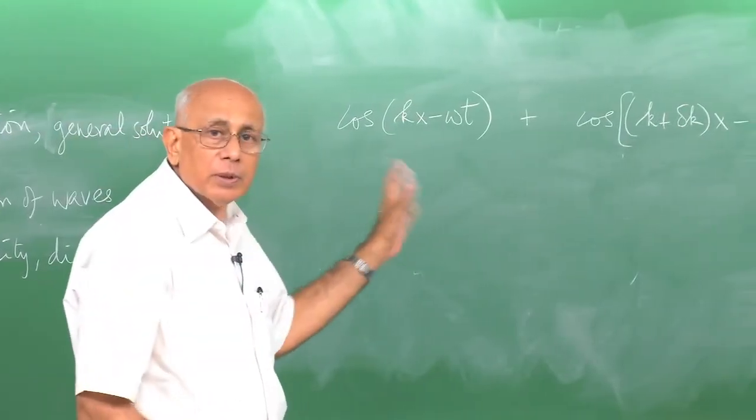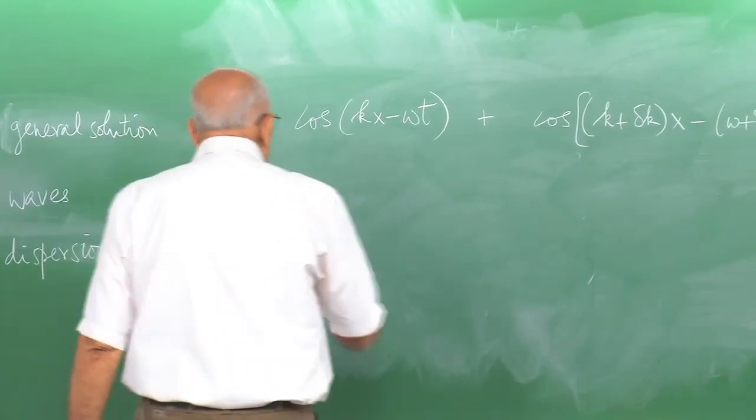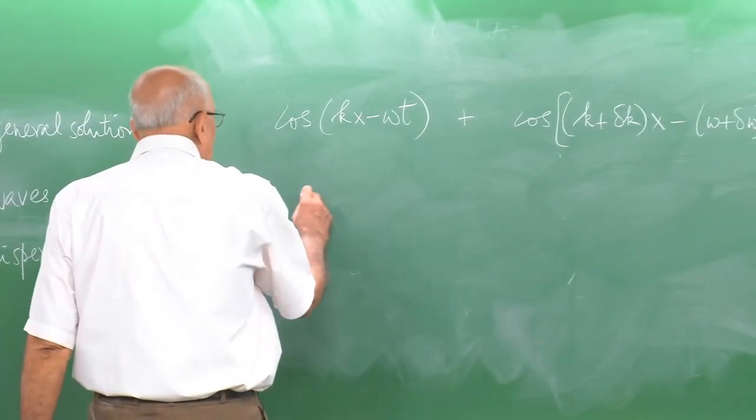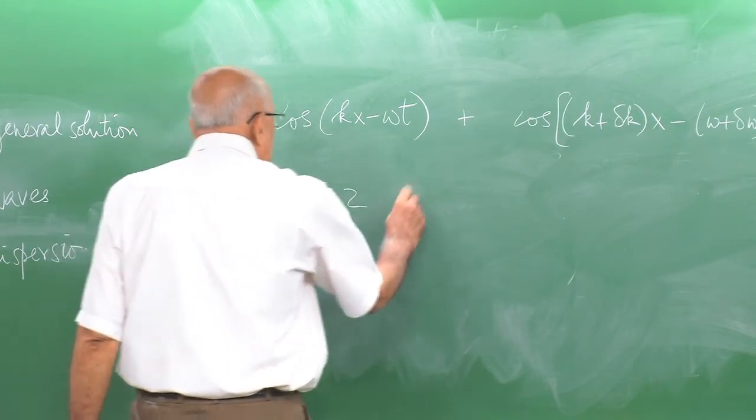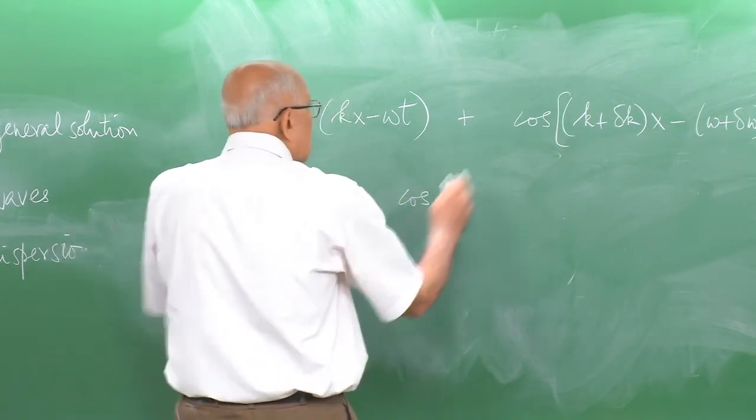So, what does this superposition give us? Well, we need to simply use the identity that the cosine of A plus the cosine of B is equal to twice the cosine of the half-sum times the cosine of the half-difference.